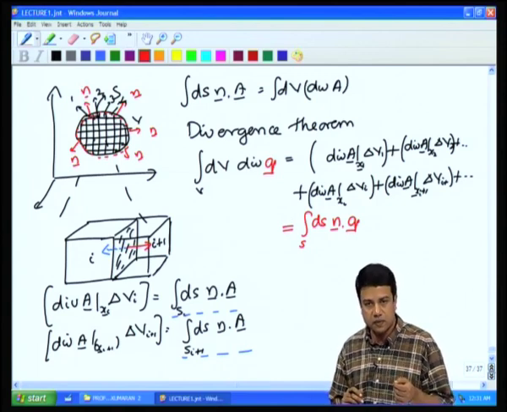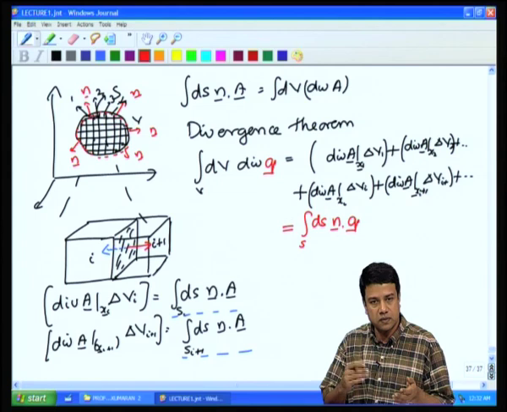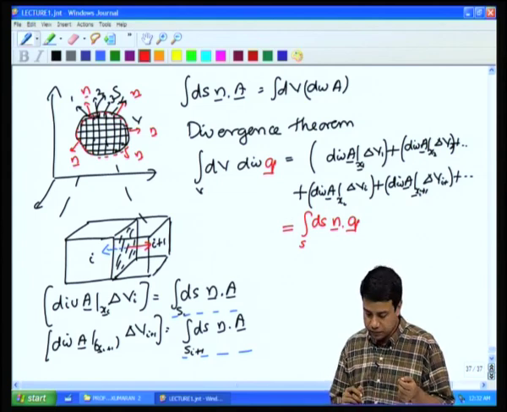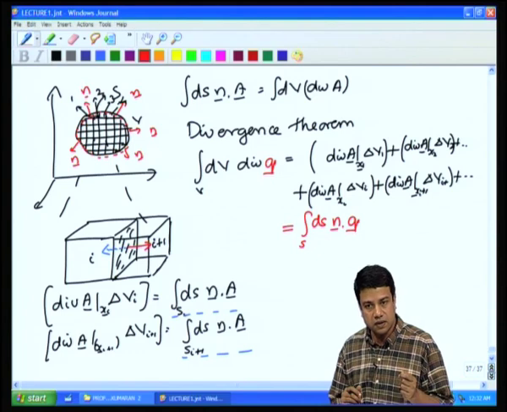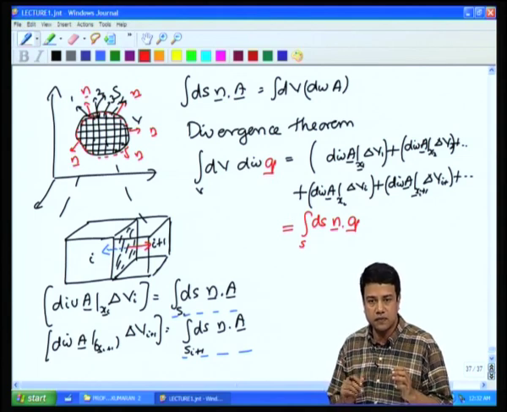That is equal to the volume integral of the divergence of Q throughout this entire volume. So, what this is saying is that this volume integral, divergence of Q integrated over the entire volume, does not depend upon the values of this vector within the volume.